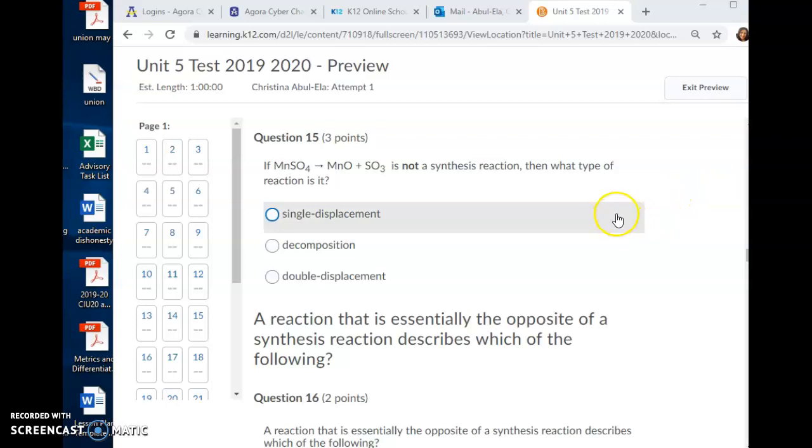Single displacement, decomposition, double displacement.